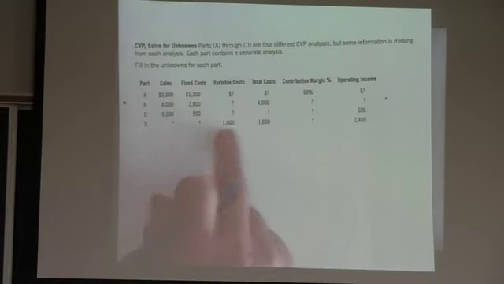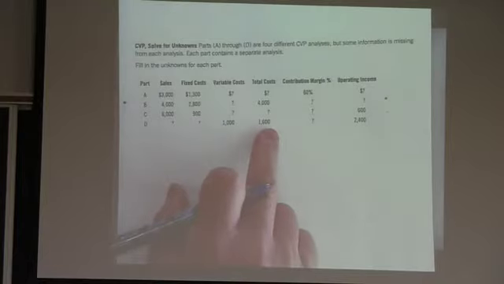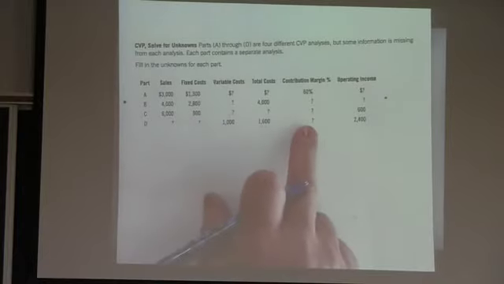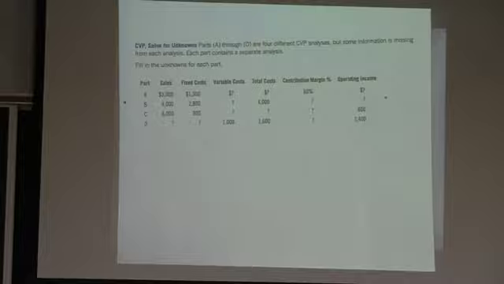Looking at part D, the final one, you'll see that this time sales and fixed cost are unknown, but we're given variable cost and total cost. And the contribution margin is unknown, but the operating income is known. So this is very similar to C, actually, in the way we're going to approach it.